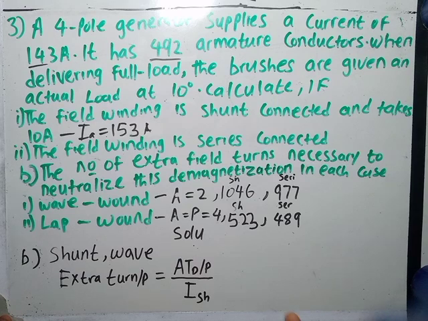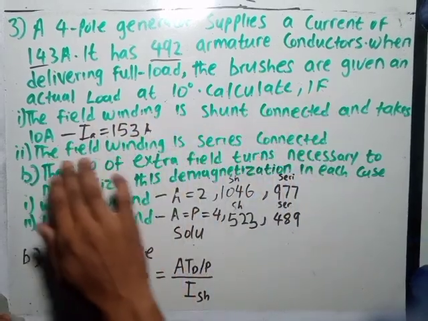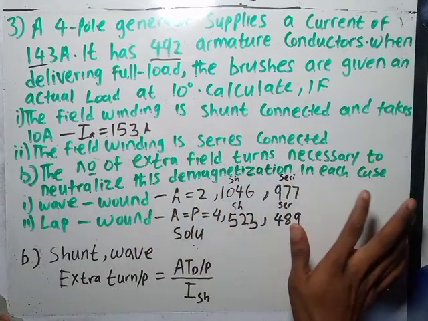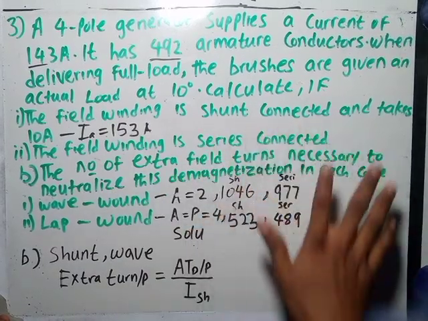All this while we have been solving and just assuming that the generator is in series connection, like the field has a series connection. But now they're specifying that this is shunt. So the only change is just in their currents. That's what is changing in the two cases. So far, we have been solving assuming that it is series connected. But in this question, we have now been introduced to shunt connected.